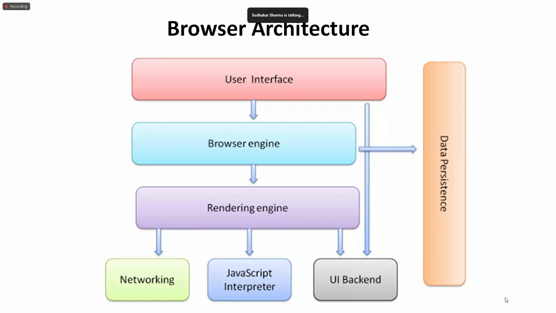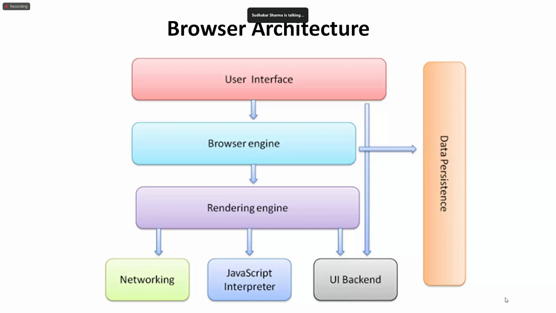And networking is identifying resources and presenting the resource. You type something in the address bar, www.somename.com, and hit enter. If the name is wrong, some spelling mistake, then it says not found 404. That means who is looking for the resources you are requesting, who is accessing and rendering those resources?